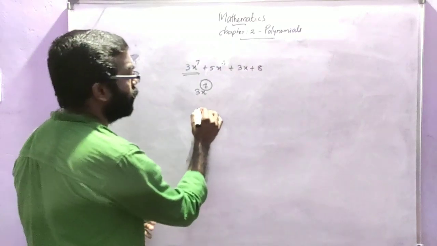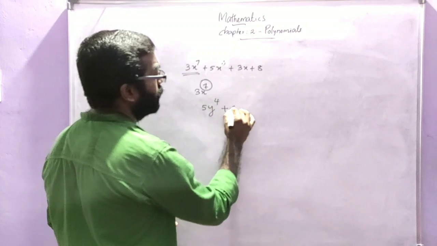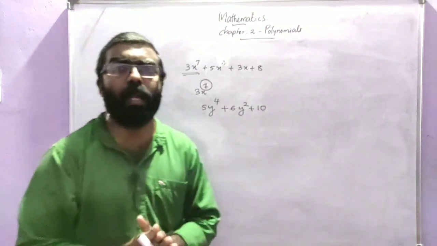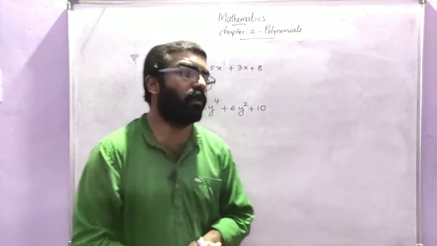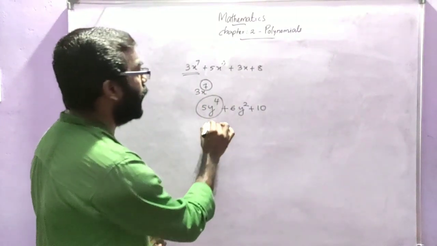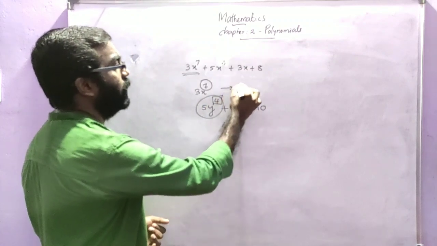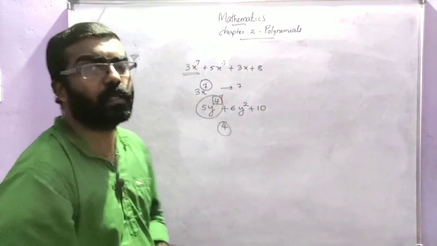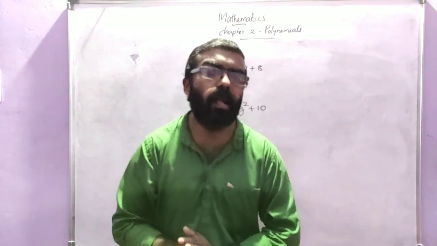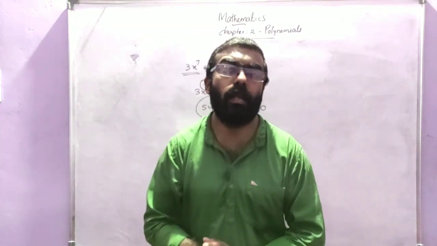Similarly, in the polynomial 5y raised to 4 plus 6y square plus 10, what is the term with the highest power of y? It is nothing but 5y raised to 4, and the exponent of this term will be 4. Okay, here the exponent is 7 and here the exponent is what? 4. We call the highest power of the variable in a polynomial as degree of the polynomial.